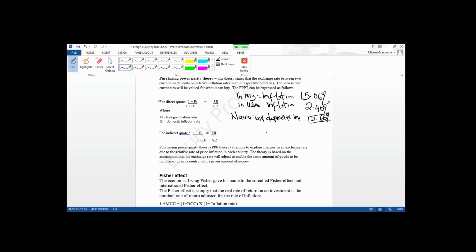If you are given the inflation rate in Nigeria, inflation rate in US, and you are given the spot rates between Naira and dollar, you can forecast exchange rates between Naira and dollar using purchasing power parity equation.